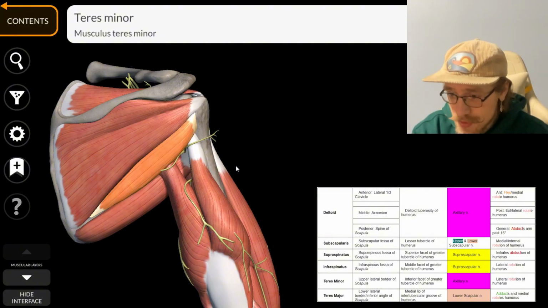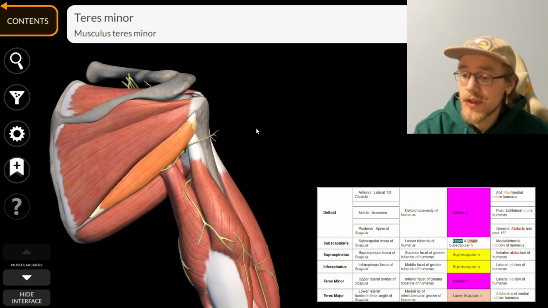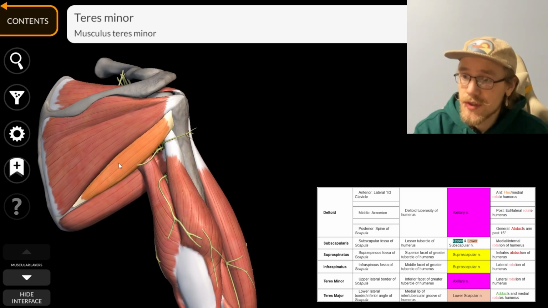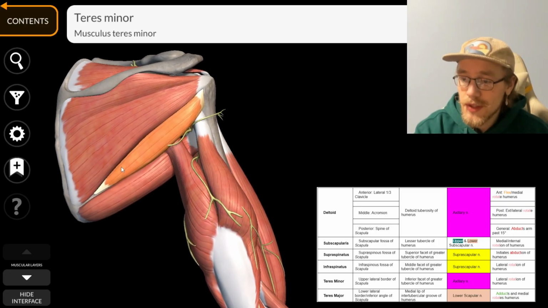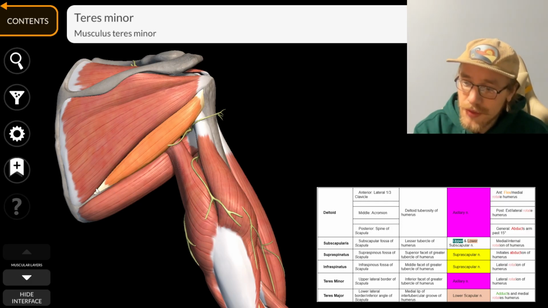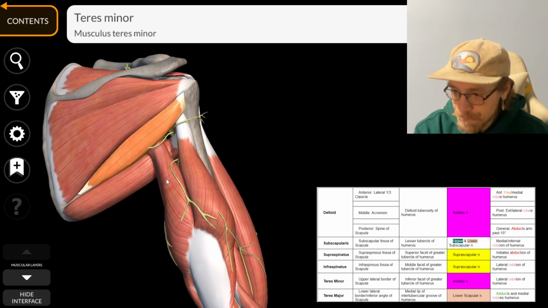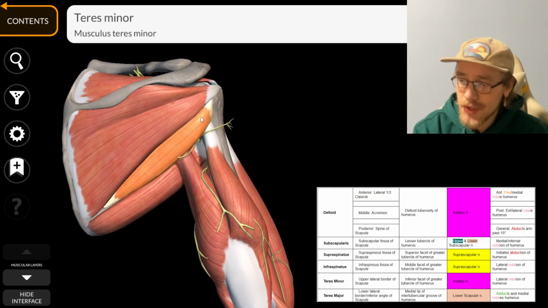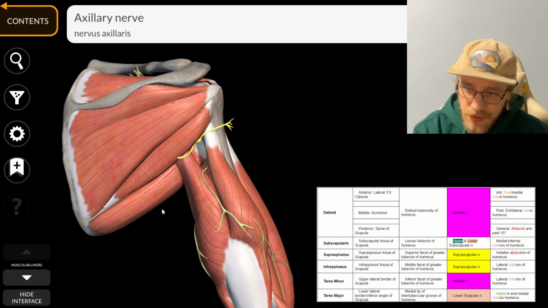It is going to go to the inferior facet of the greater tubercle. It's going to start from the scapula as well, somewhere in this little border area here. And it's going to cause lateral rotation of the humerus as well. Its nerve, however, is going to be the axillary nerve along with the deltoid.